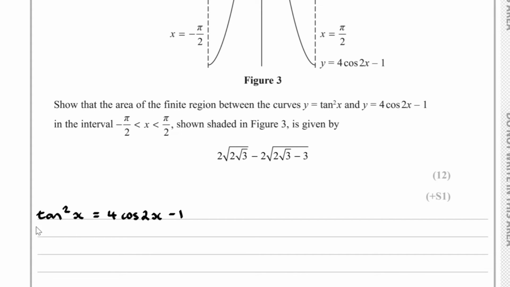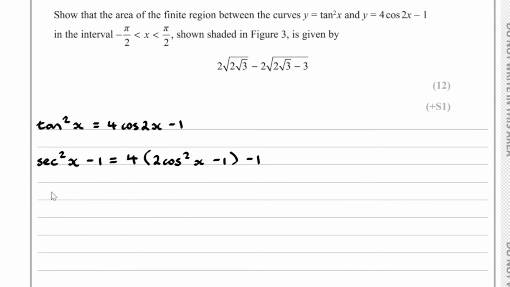If I use the standard identity for tan squared, which is sec squared x minus 1, and the standard identity for cos 2x, because I've got a sec squared, which involves a cos, I'm going to replace the cos 2x with 2 cos squared x minus 1, and then I've got the extra minus 1 here.